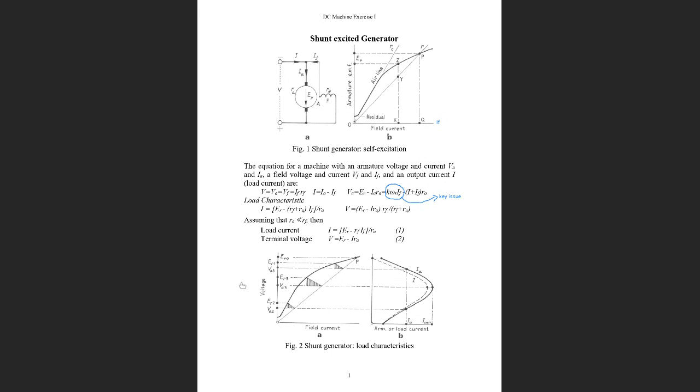So all the following equations are derived from these three for specific purposes. For example, if you would like to study the generator's load characteristics in terms of the loading voltage and loading current against the internal generated voltage, then you can find out how the loading current changes against the internal parameters, and how the terminal voltage changes against the internal parameters.